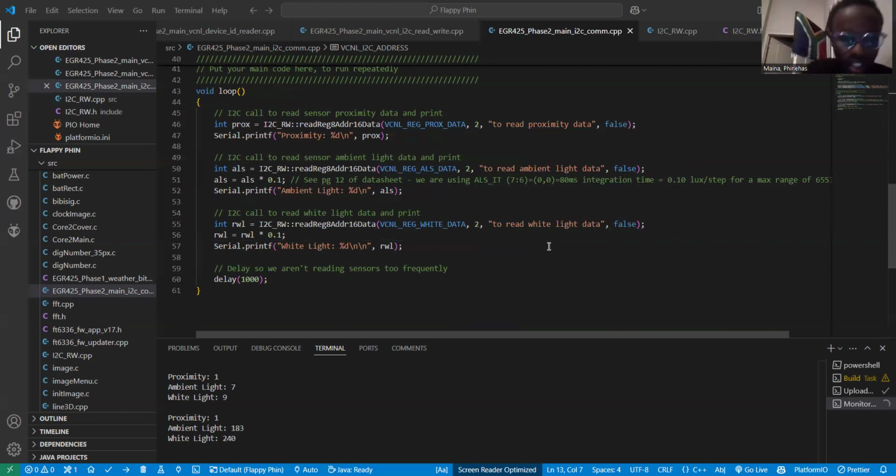If we shine this on that, okay, it went up, but hmm, is it not? Oh, there we go. It got to the max, and then if we take it off, it's back to normal. That was the max value we can store on that.